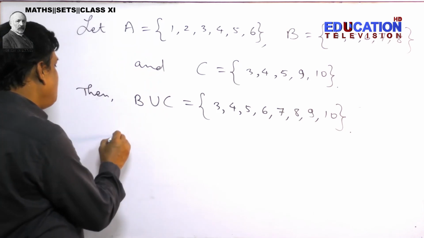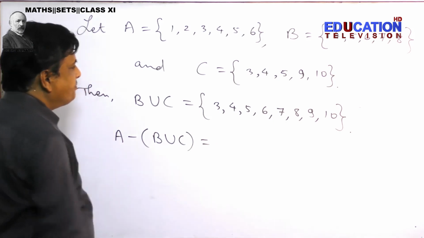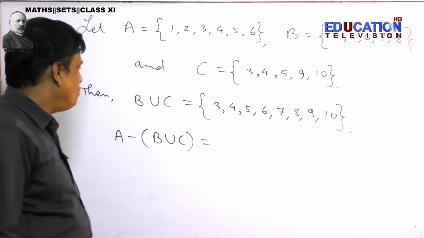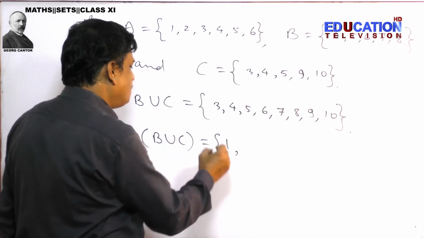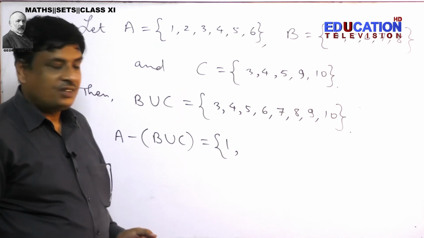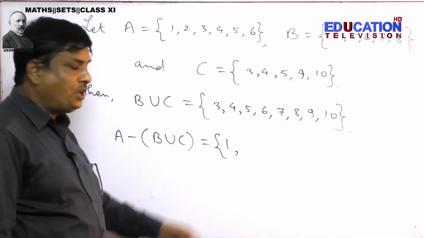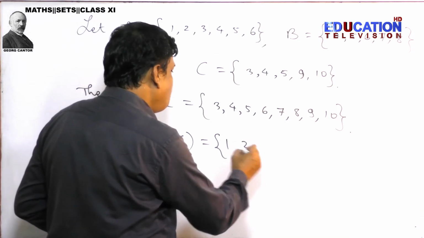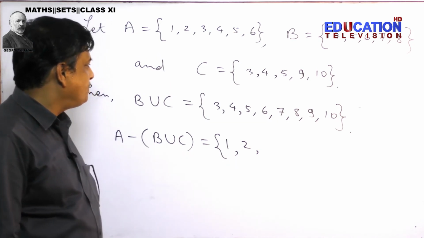A minus (B union C): the elements of set A which are not in B union C. One is in A, it is not in B union C. So one is in the difference of these two sets. 2 is in A, not in B union C.